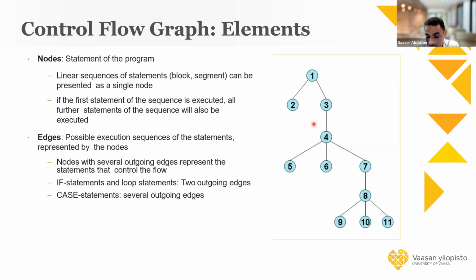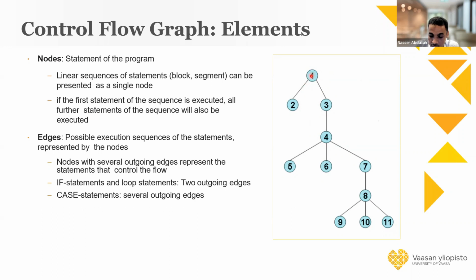So we have two elements of this control flow. The first one is the node, which represents a statement of the program, and the edge is the way between these statements, the possible way between them.